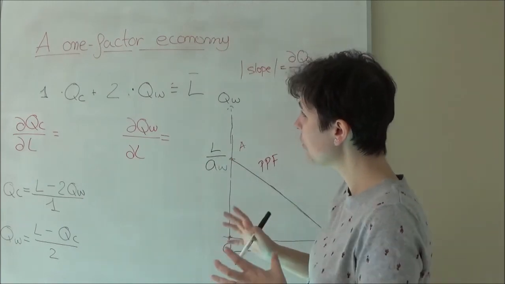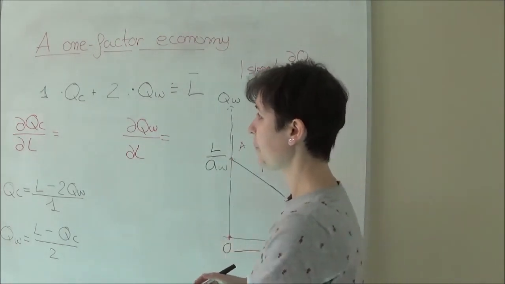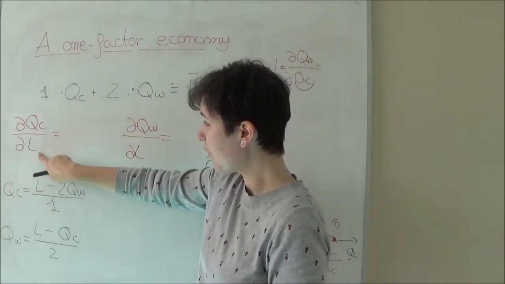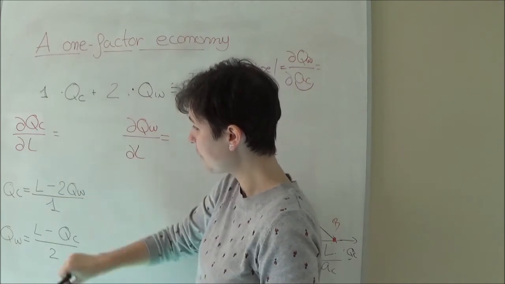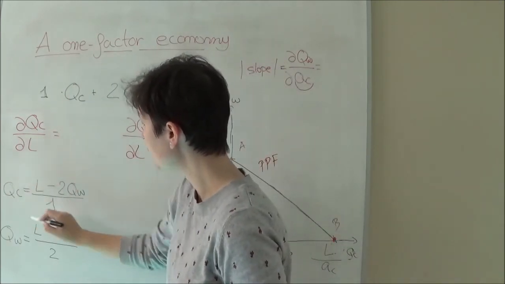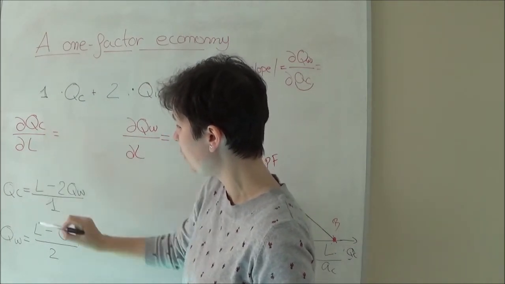Nevertheless, we know that sometimes some of them are going to be constant. For example, when we want to see the marginal productivity of labor in the case of cheese, we need, as we said, to isolate the quantity of cheese to see how it's connected and how this affects the other variable.